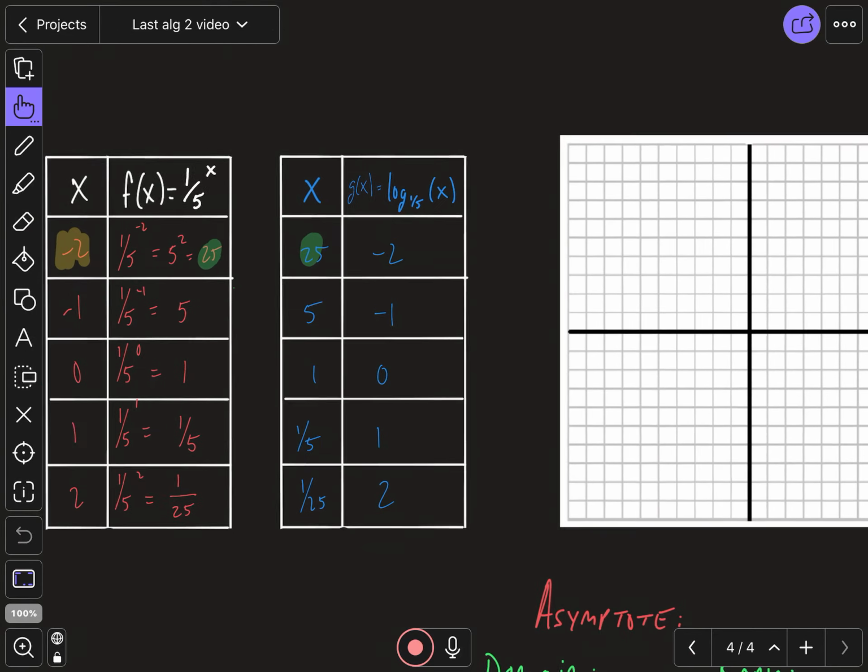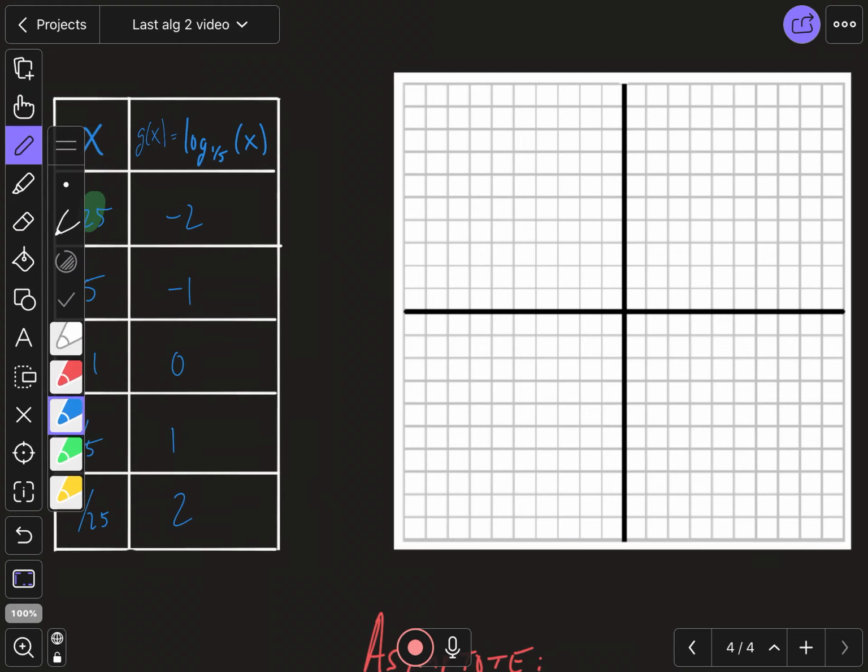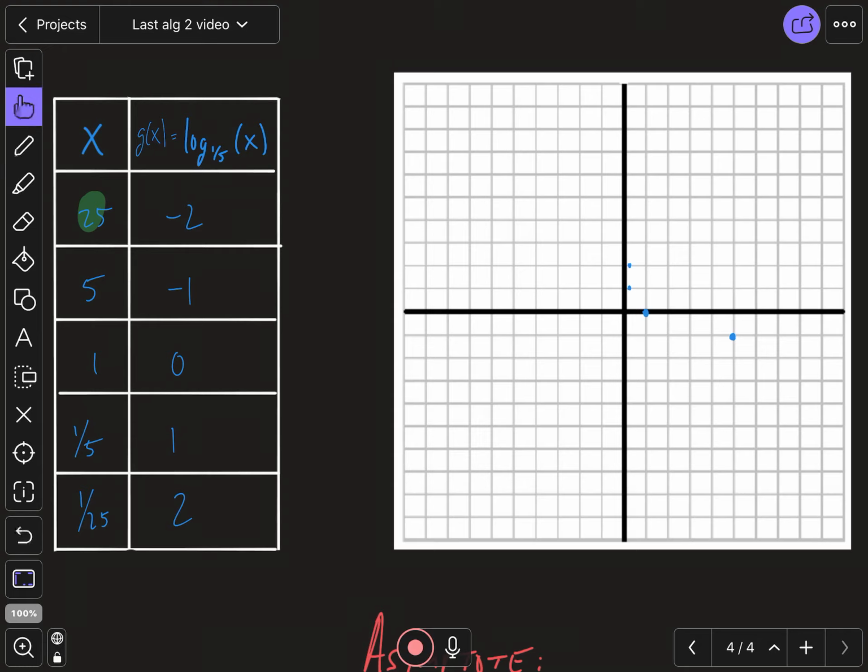So there are the points I'm going to plot. Of course, I can't plot 25, -2, but I can plot 5, -1, 1, 0, and then 1/5, 1. So that's right over there, close to the y-axis, and then 1/25, 2, even closer to the y-axis, but again, not really possible.